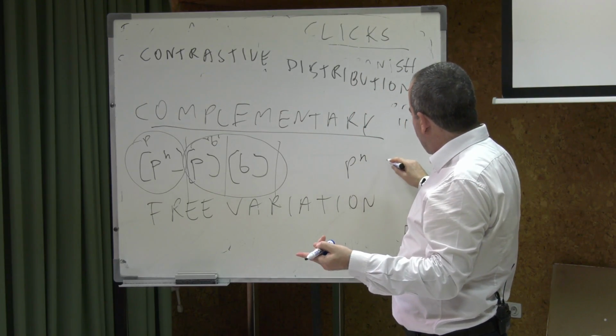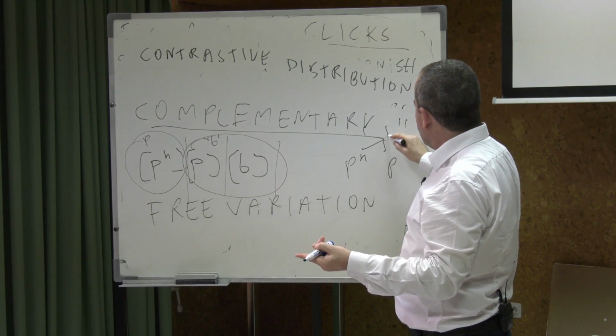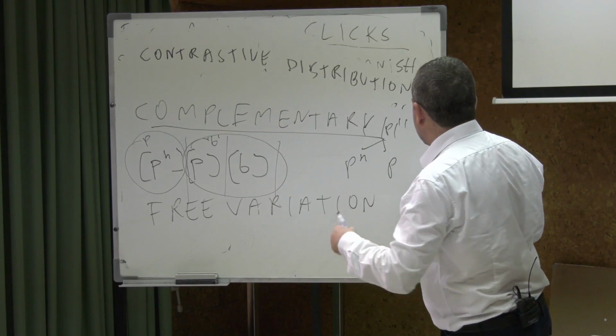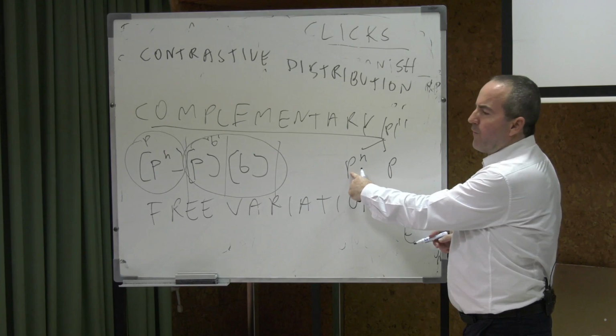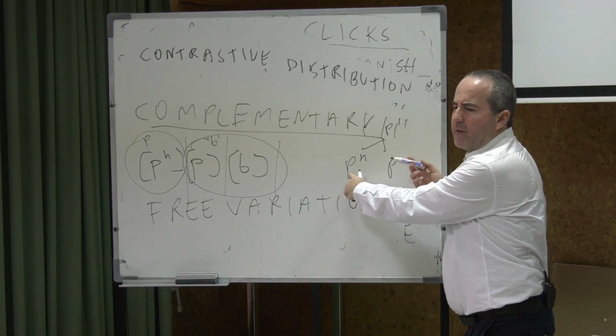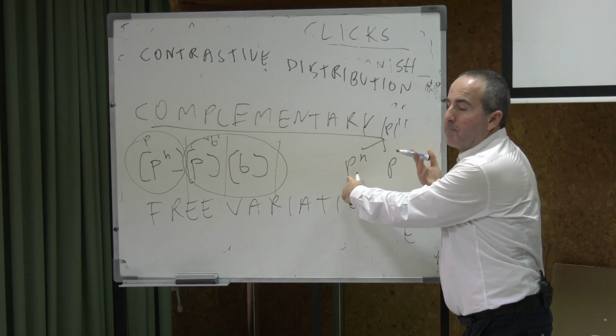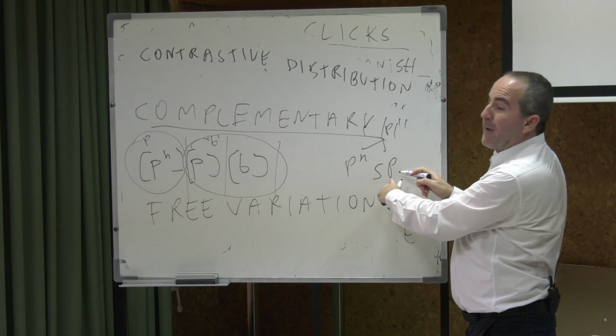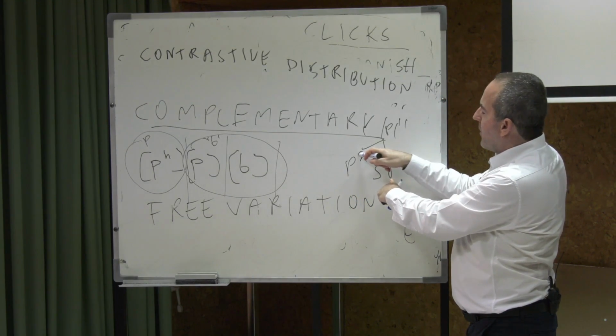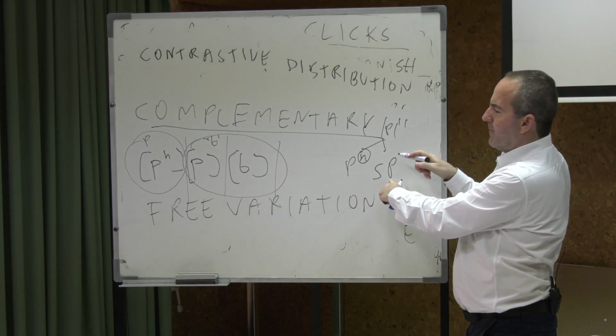You have pe and pe as allophones of the phoneme pe. This one you find at the beginning of the syllable, p, p, pet, pet. But if you put an S before it, like Spain, Spain, now you don't have this one, okay?